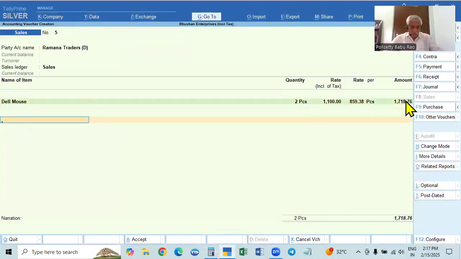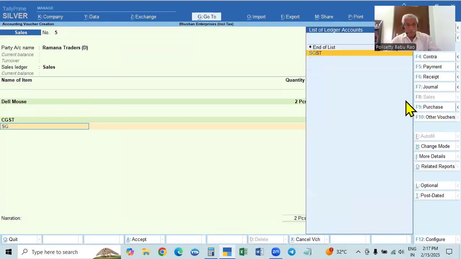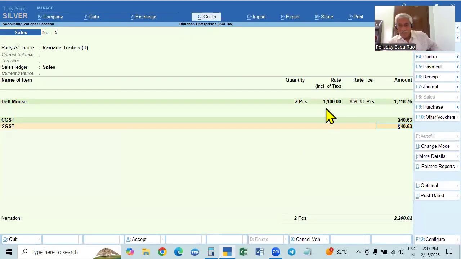Okay, one amount. Now we charge the tax. Tax, you take SGST. Say the total amount is, see, 1,100 rupees, one item including price. So into 2 means 2,200 rupees is the inclusive of tax, meaning taxable value plus tax, the total invoice value including tax.